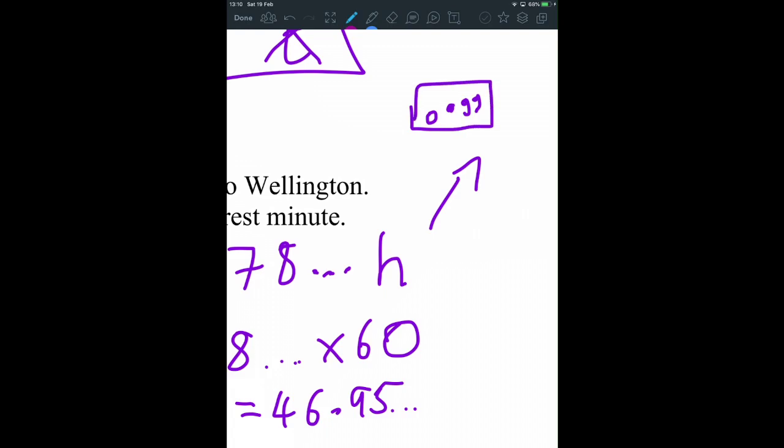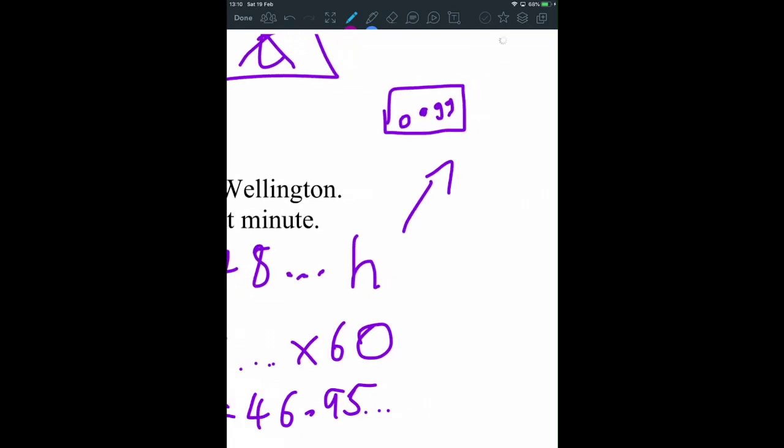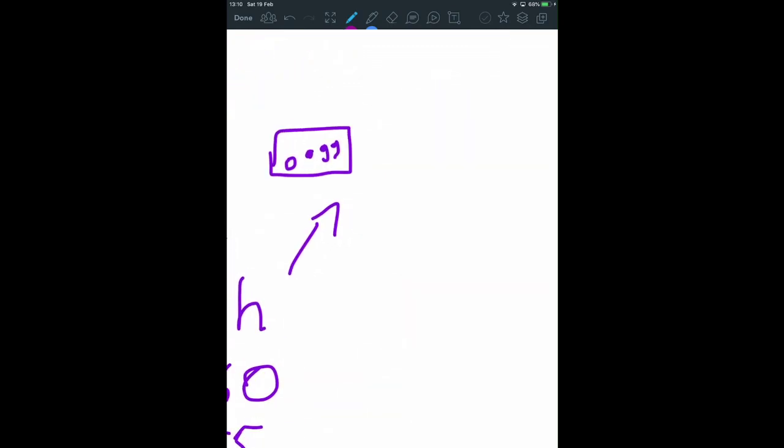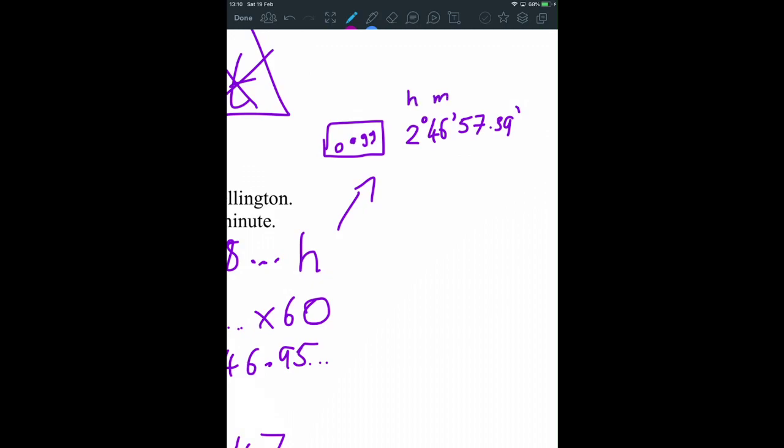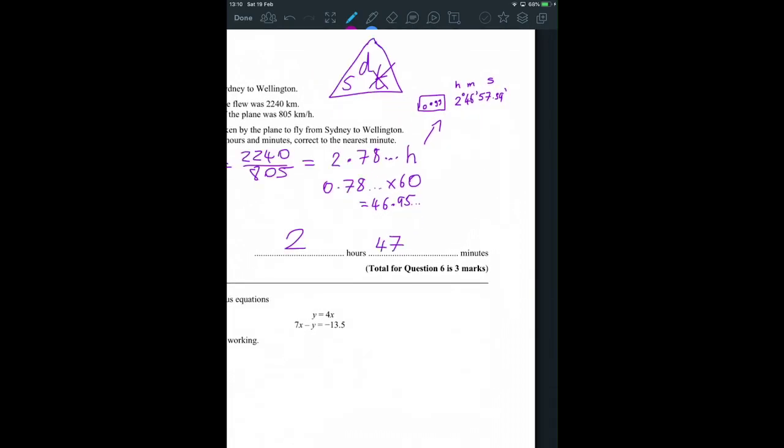If we hit that button, it automatically converts that decimal into hours, minutes, and even seconds as well. And there you can see that 2 hours, 46 minutes, and 57 seconds does indeed round to the 2:47 that we had.